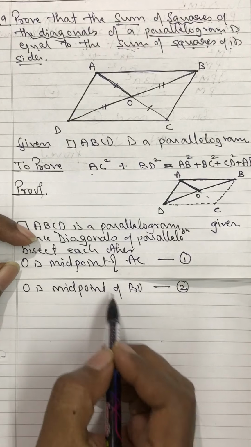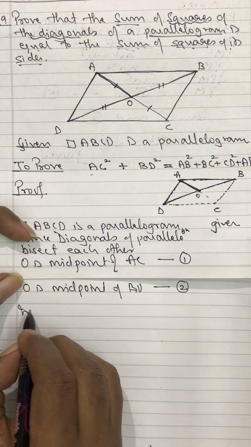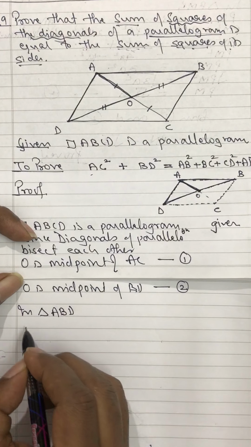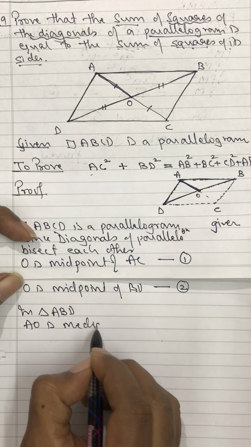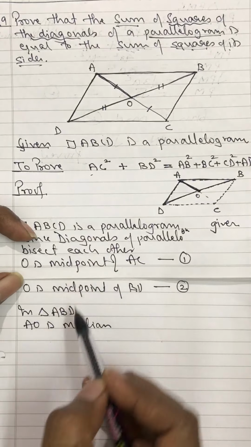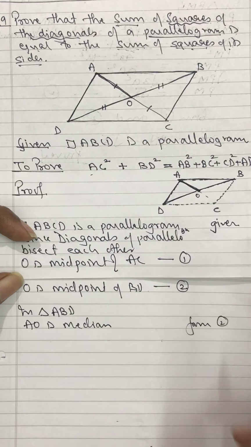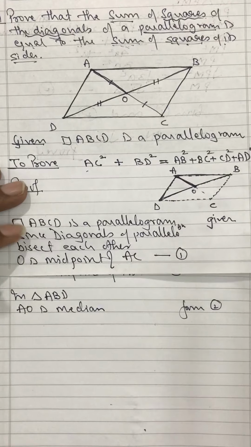Now because O is the midpoint of BD, in triangle ABD, AO is a median, right? AO is the median because O is the midpoint of BD, as we have proved over here. So we will say from 2. Then we will apply the Apollonius theorem as we have decided.